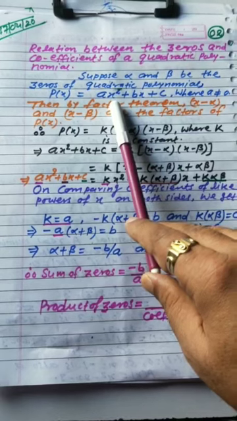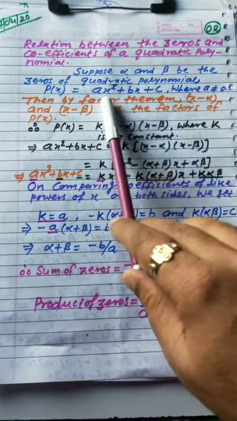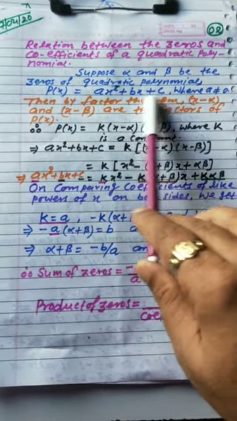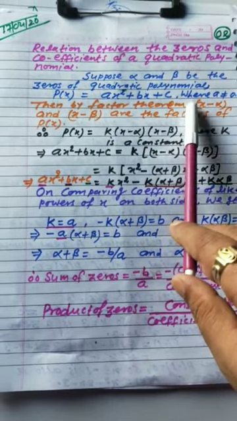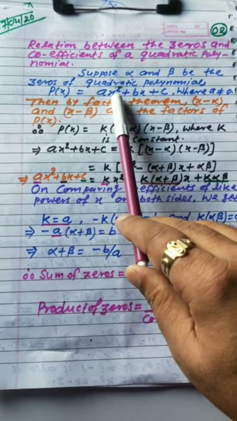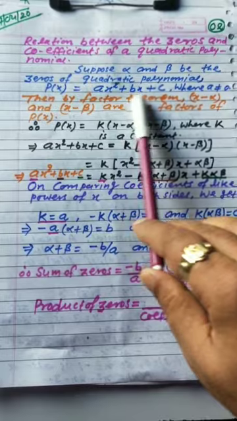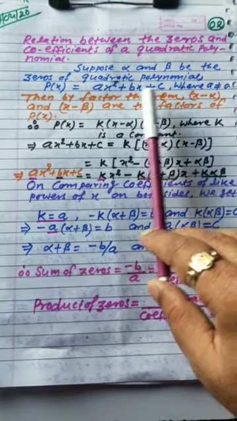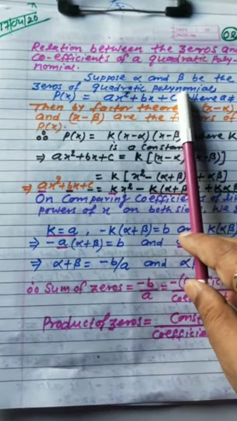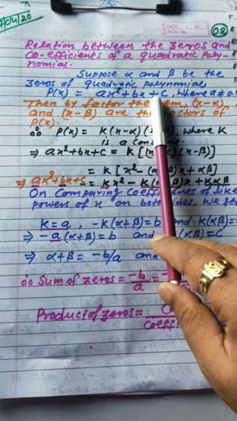The standard form of a quadratic polynomial is ax square plus bx plus c, as you have learnt earlier, where a is not equal to 0, because if a were 0, then x square multiplied by 0 would be 0, and we would remain with the linear polynomial bx plus c. So suppose alpha and beta are the zeros of this quadratic polynomial.